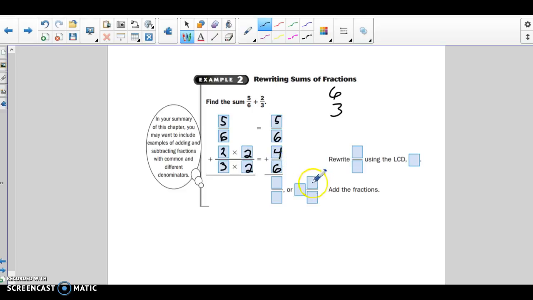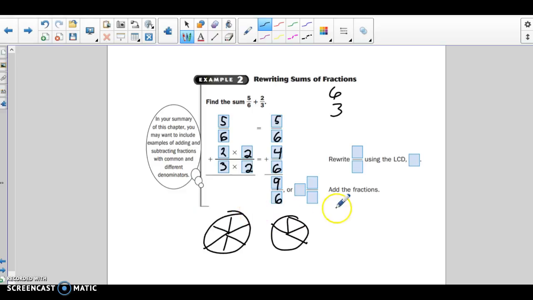Now can we add? Yes. What is 5 and 4? 9. So 9 over 6. Whoa, that is an improper fraction. It's more than a whole. Look at a circle. There's a peace sign. Out of 6 pieces, you have actually 9.